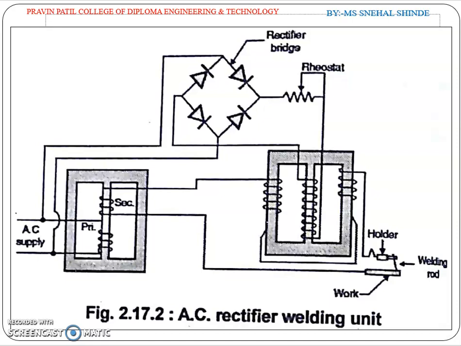So next is the AC rectifier welding unit. In this AC rectifier welding unit, a rectifier is used in conjunction with a high leakage reactance transformer and a saturable reactor. The reactance of the reactor is adjusted by changing the value of DC excitation obtained from the rectifier by means of rheostat.